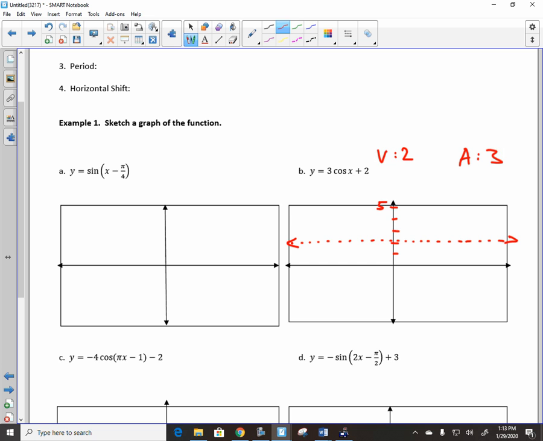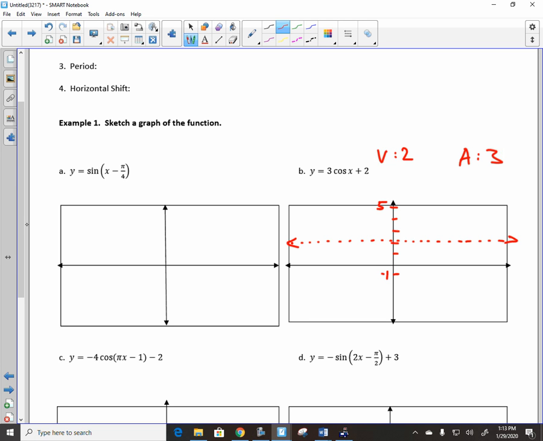What's the lowest spot the graph is going to go? -1. So notice, from the shift, it goes up 3 and down 3. Got that? So the vertical part of the graph is fine now.